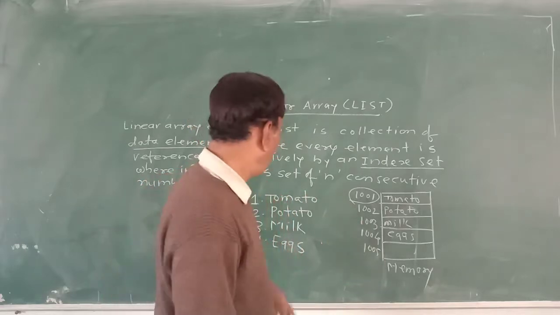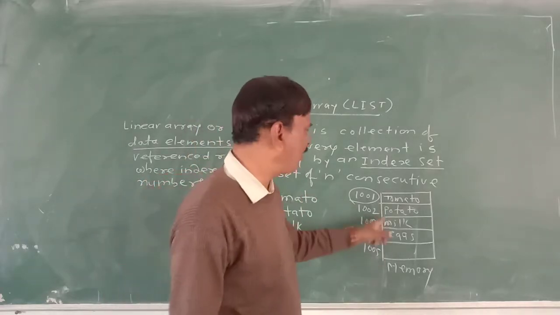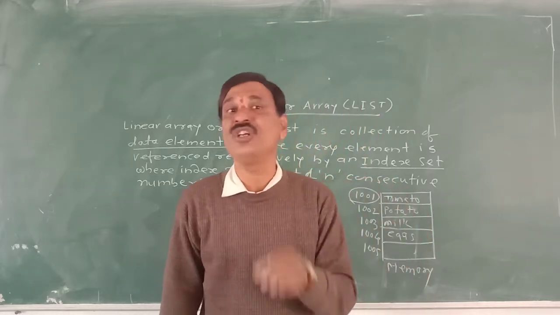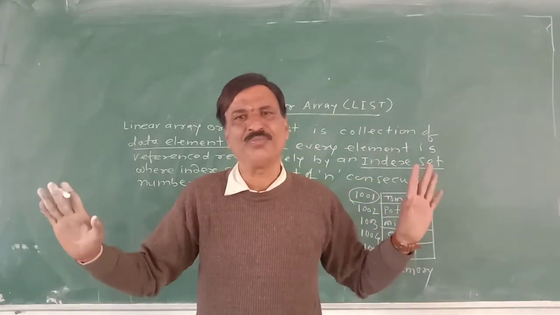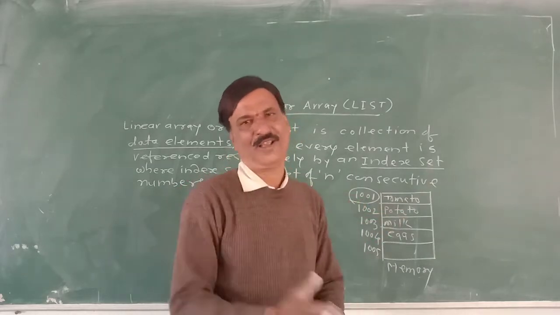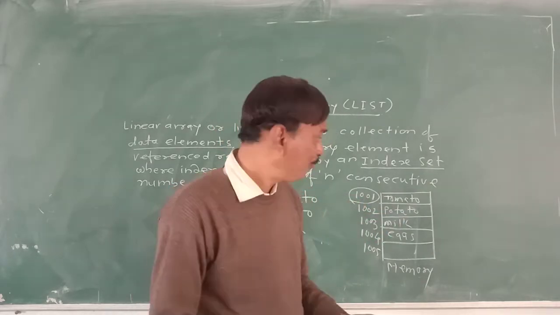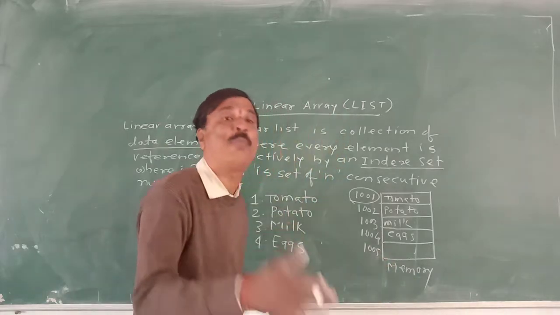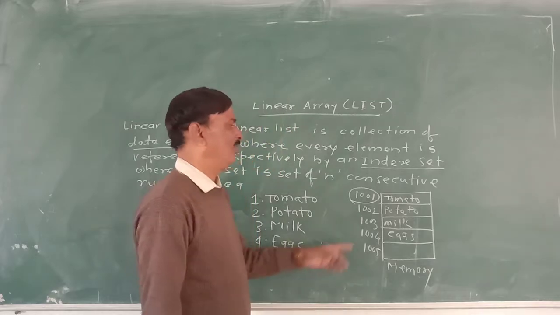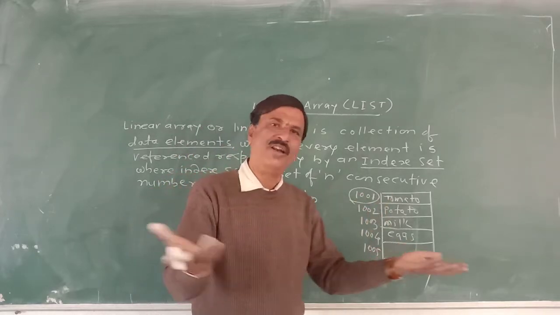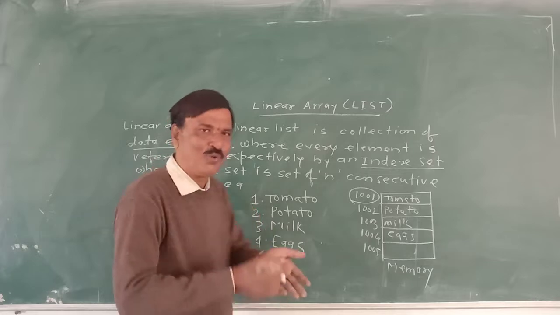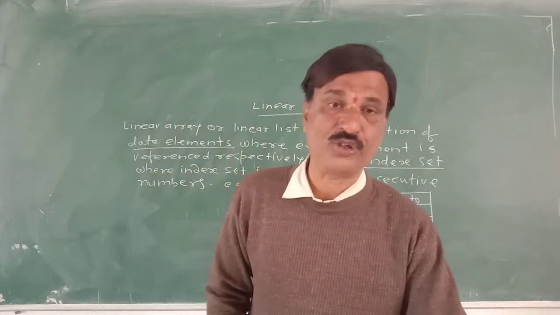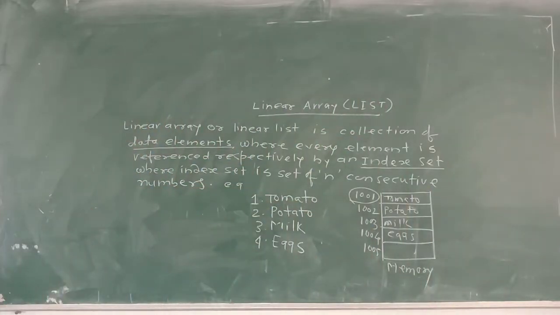Because to organize the list in computer's memory, we simply store the elements in consecutive memory locations and remember the address of the first. It means that organization of a list in computer's memory is easier than on plain paper, because in memory there is already an index set, whereas on plain paper we have to prepare the index set. So a linear list or linear array is called the simplest data structure of all.